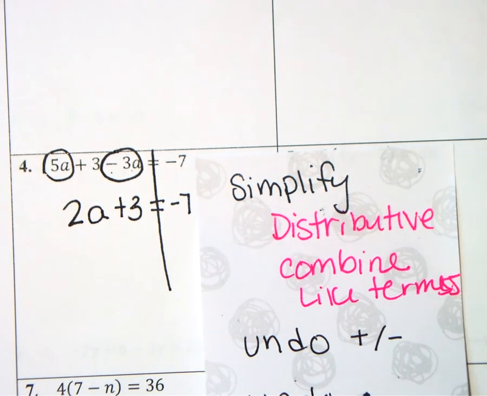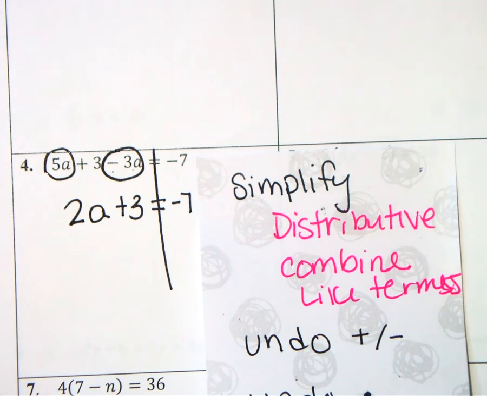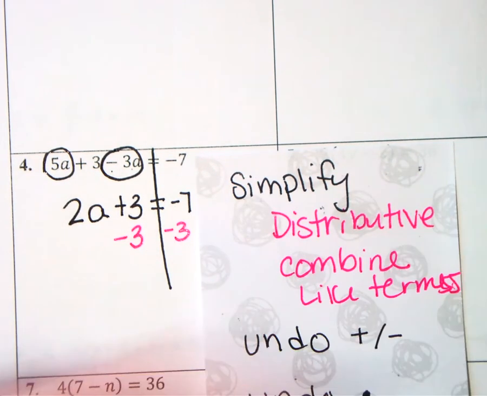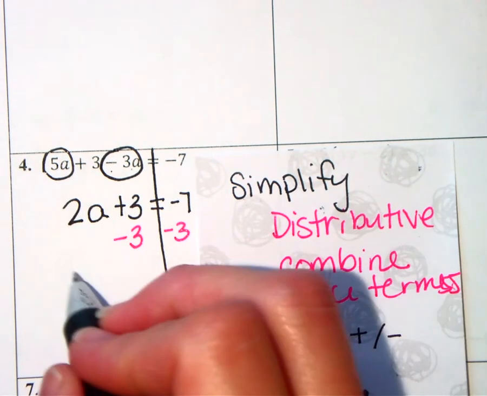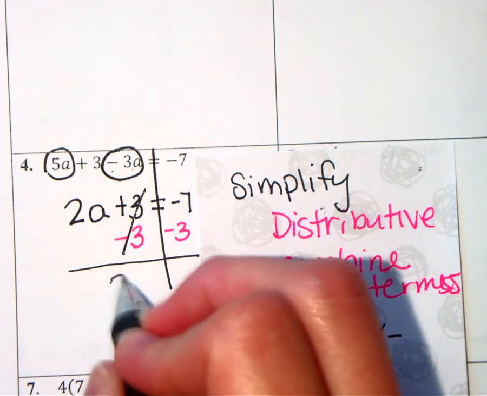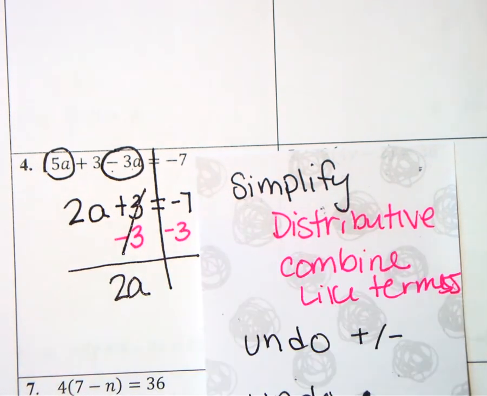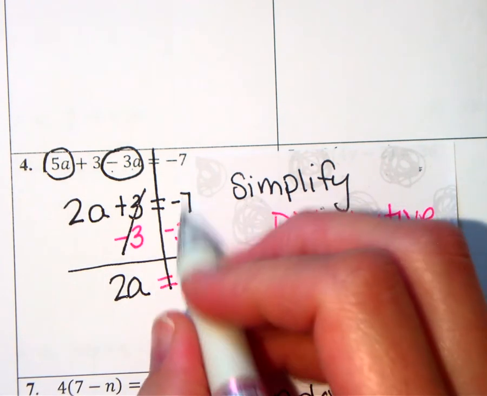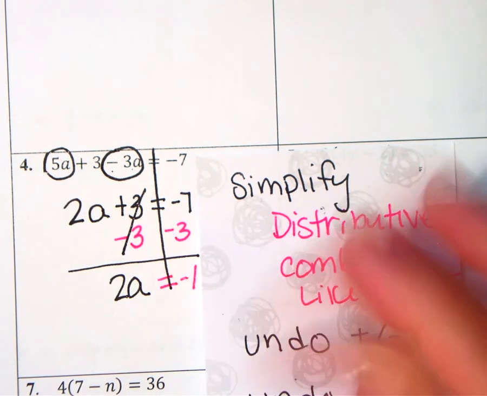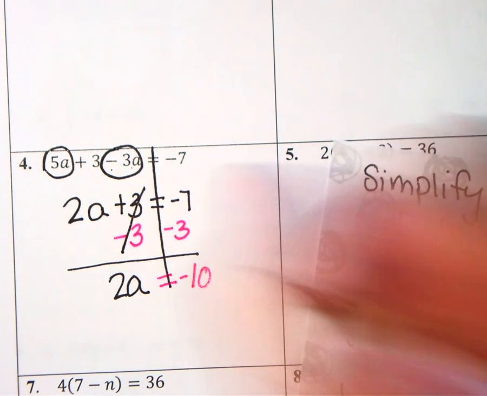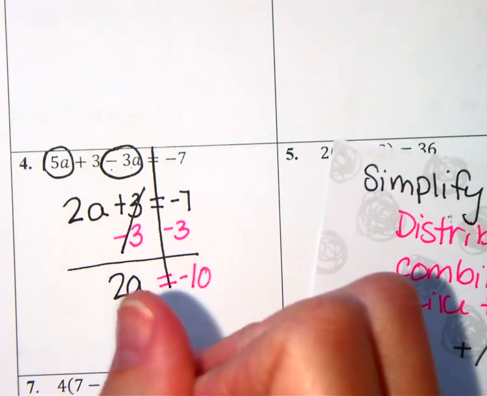Okay, now I'm going to undo that plus 3 with minus 3. So 2a. And then this is minus 10. Then I'll divide by 2.